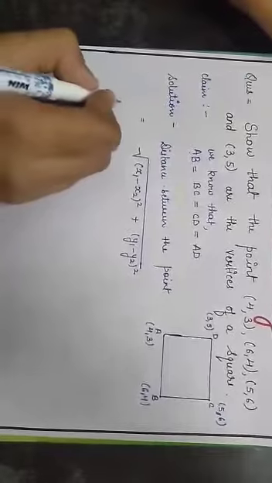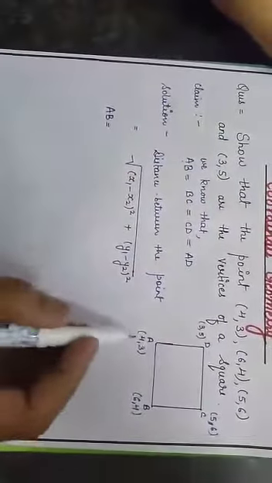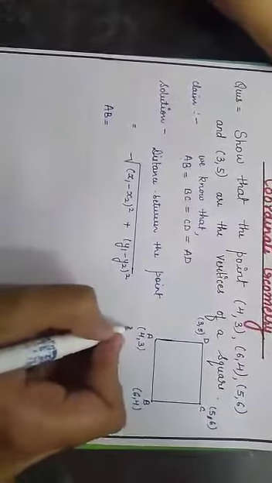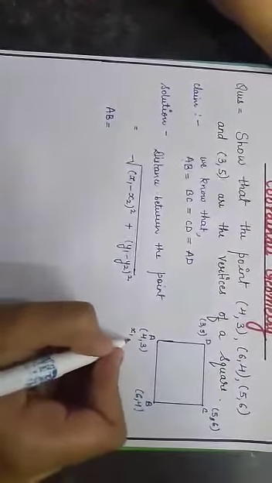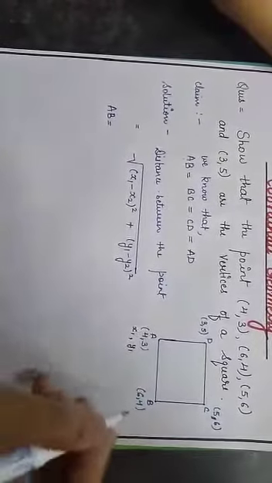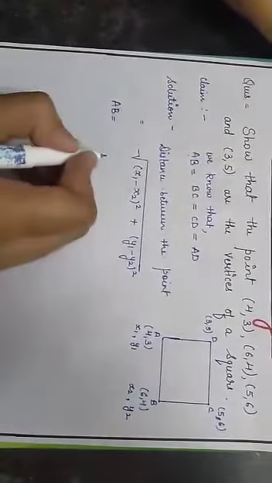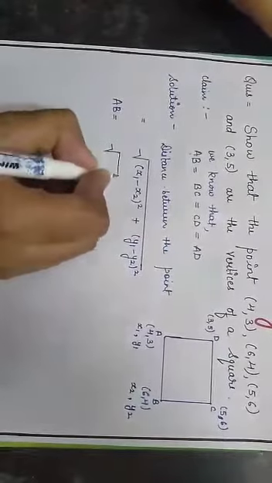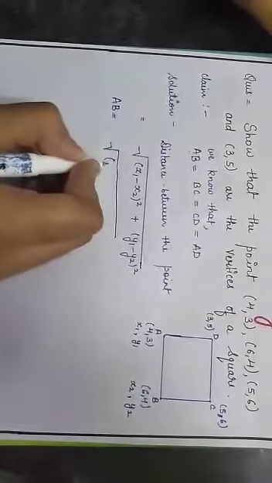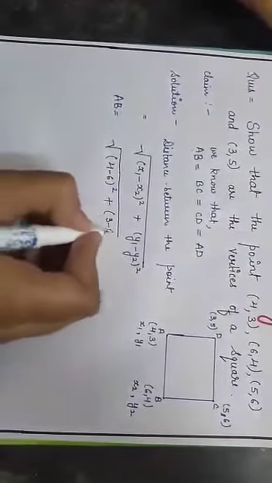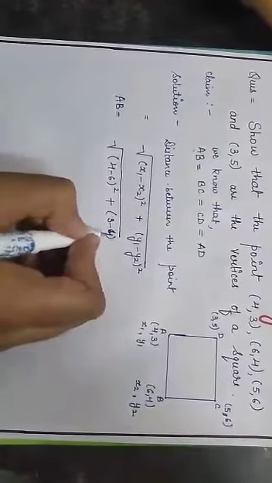So first of all, find the length AB. A is the point (4, 3) and B is (6, 4). So we mark 4 as x1 and 3 as y1. Similarly, 6 is x2 and 4 is y2. Then putting these values in the distance formula, we have under root (4 minus 6) whole square plus (3 minus 4) whole square.